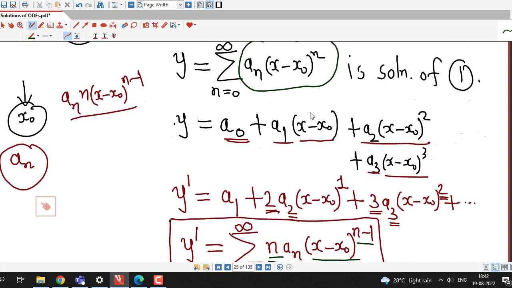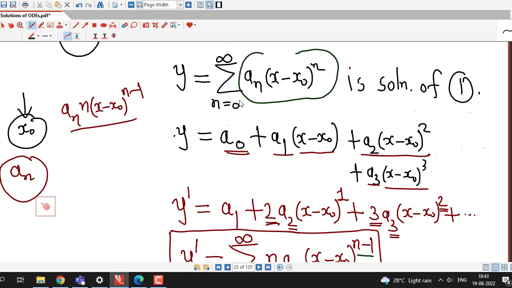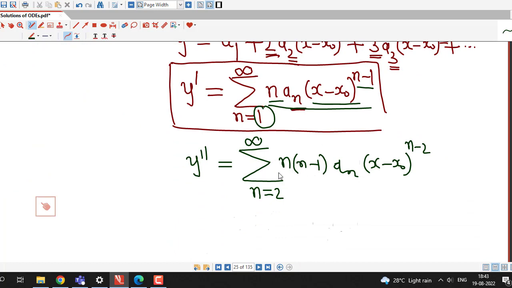The only change is we have to start from, if I have n equal to 0 to infinity here, I am starting from 1 to infinity here, and here I am starting from 2 to infinity, and I take derivative of this n into an constant, derivative of x minus x0 raised to n minus 1 is n minus 1 times x minus x0 raised to n minus 2.